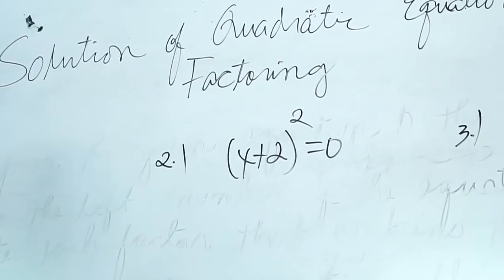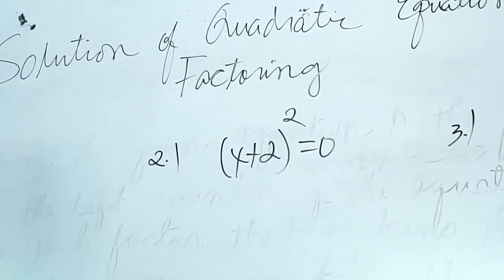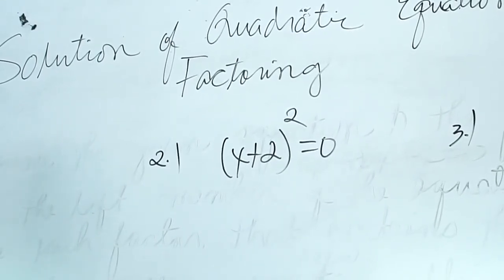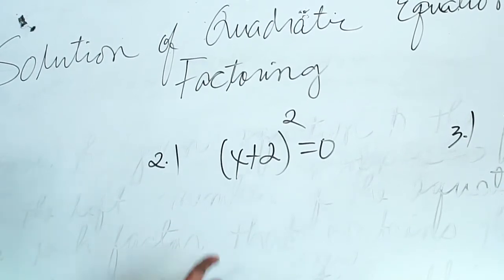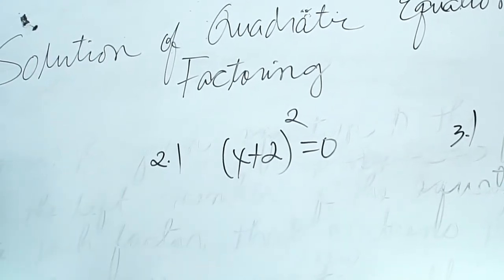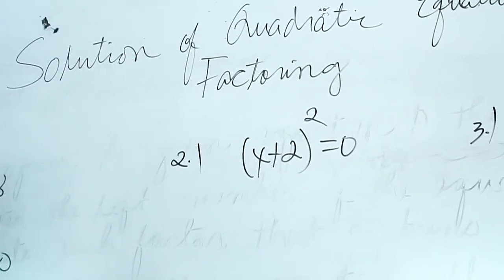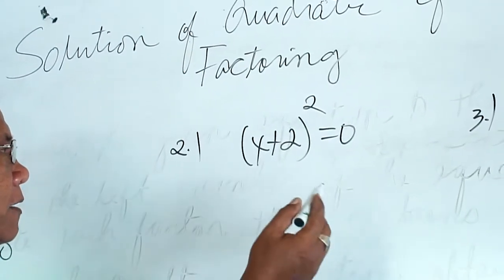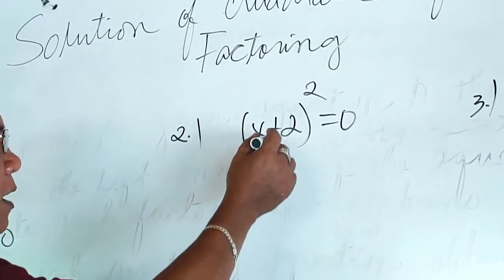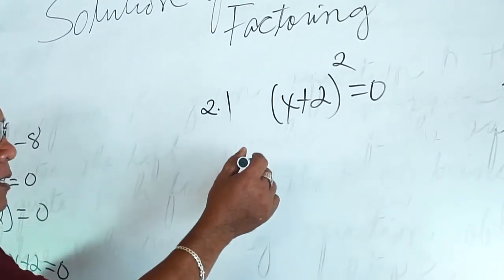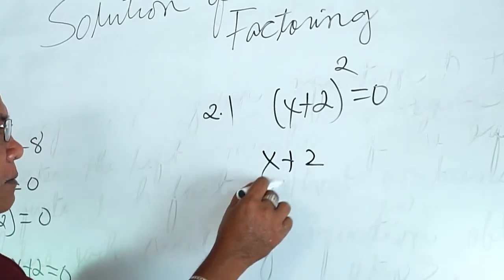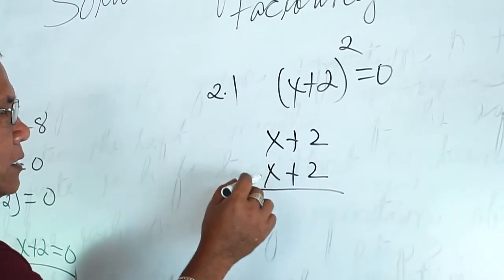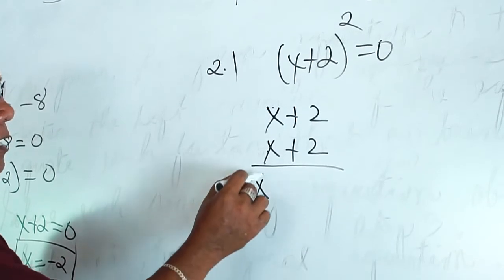Example number 2: the quantity x plus 2 squared is equal to 0. This example is a perfect square trinomial. First, you have to square. So we have x plus 2 multiplied by x plus 2. x times x is x squared.